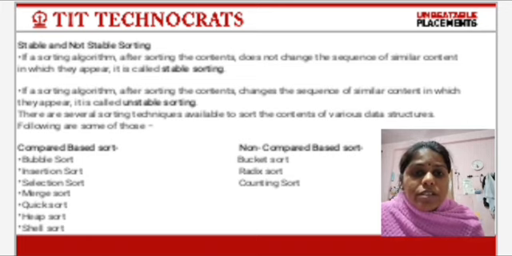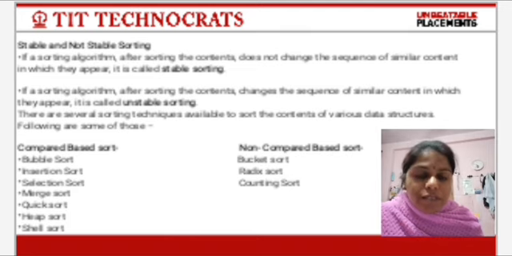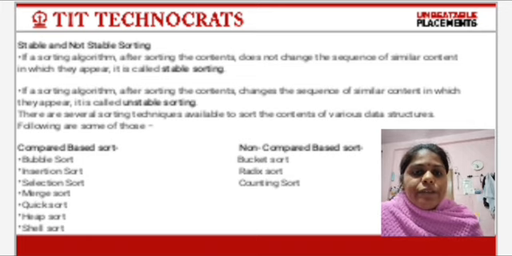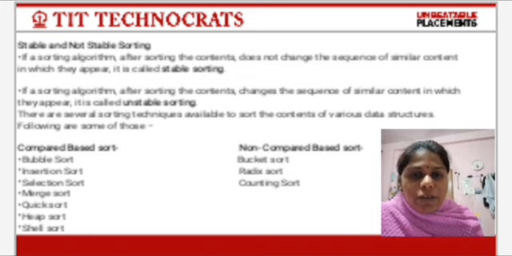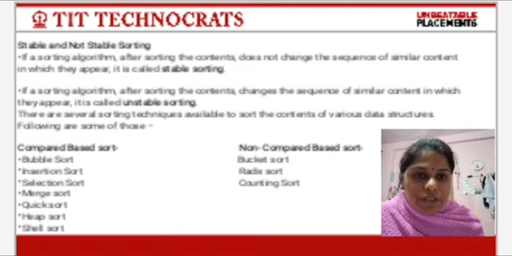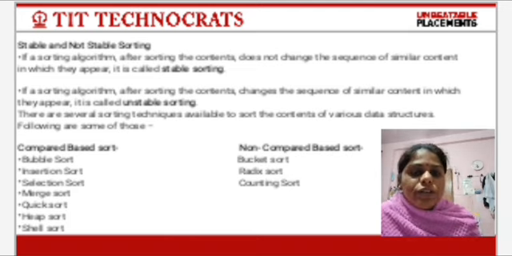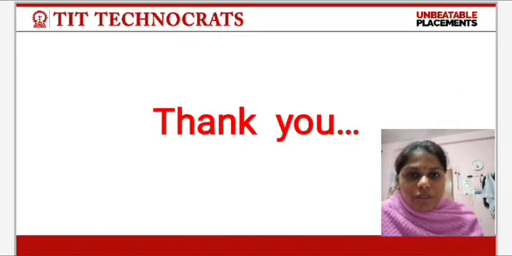Suppose the largest element is 702, that means the width is 3 digits. All elements in the array are arranged to the same size, using zeros by default. Then this algorithm processes from the least significant to the most significant digit, one by one, in ordering form. Okay, so thank you.